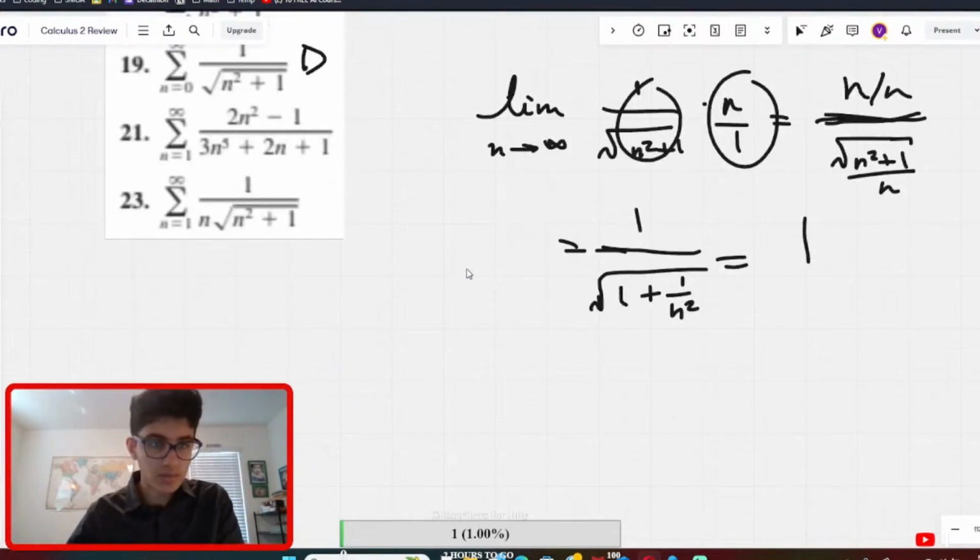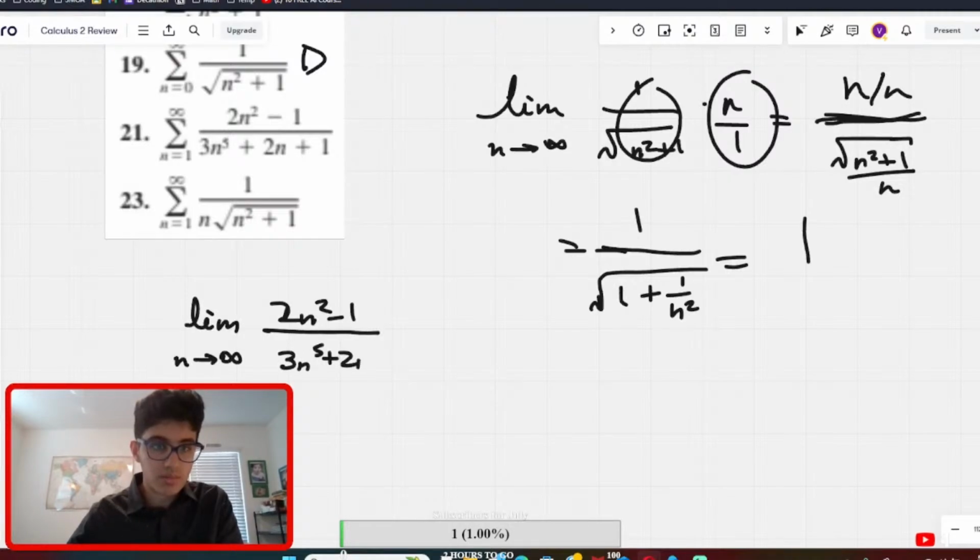Let's take a look at 21 then. This one right here will converge by the same P series test stuff. So we can just say limit as n goes to infinity of 2n squared minus 1 over 3n to the fifth plus 2n plus 1 times. What's an easier version of this?